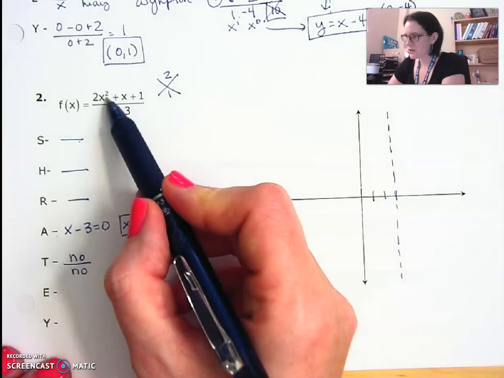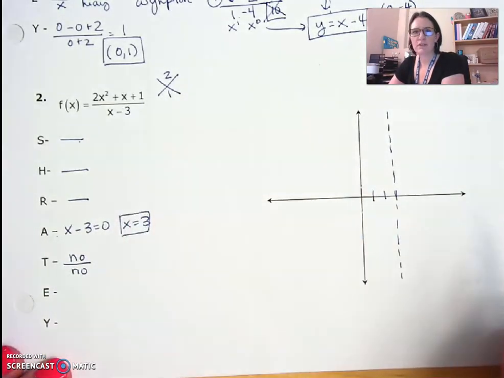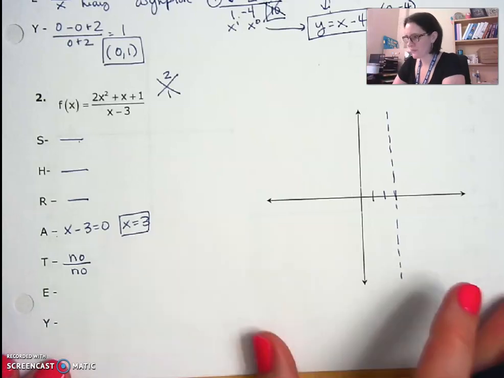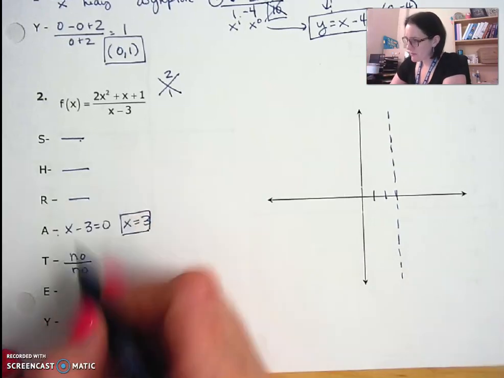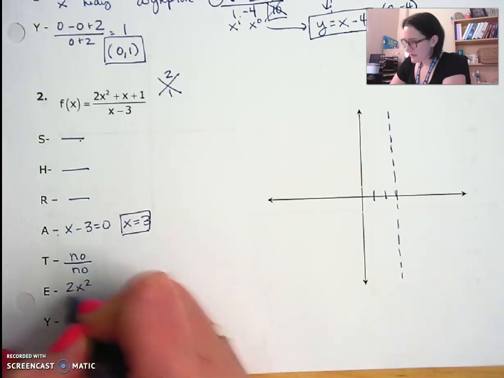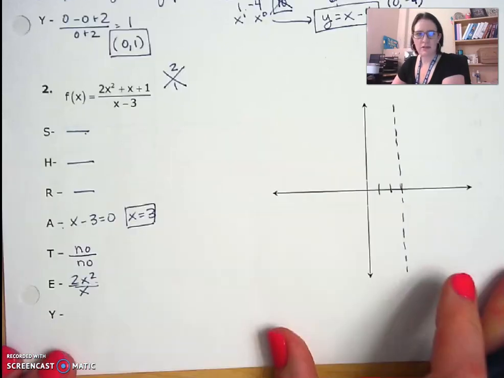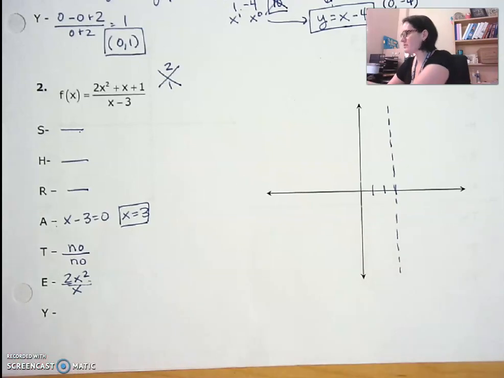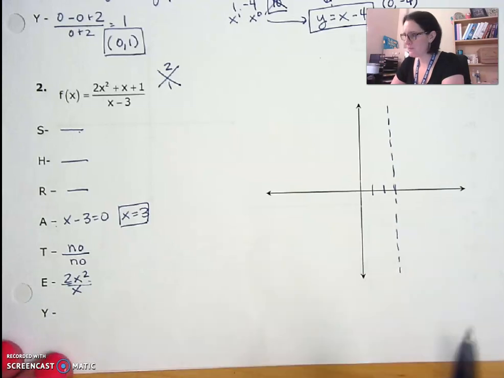So remember, this is not a squared term, something that's being added or subtracted to other things. I'm only looking for squared factors, things that are being multiplied by other factors. All right, and behavior, our leading terms are top heavy again.